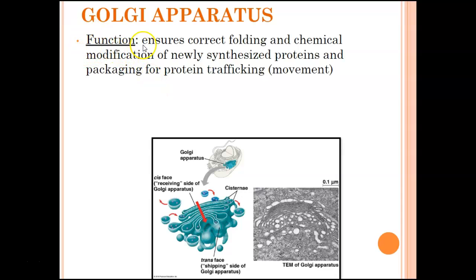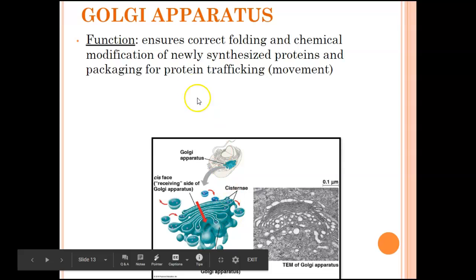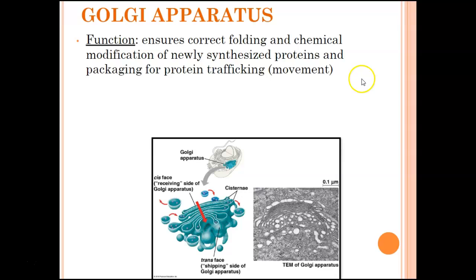The Golgi apparatus will receive polypeptide structures and ensure the folding, going from the primary structure to the tertiary structure and even beyond. This is all conducted in the Golgi apparatus. So they'll ensure correct folding and modifications of newly synthesized proteins, and they'll also get them ready to move out of the cell or around the cell.